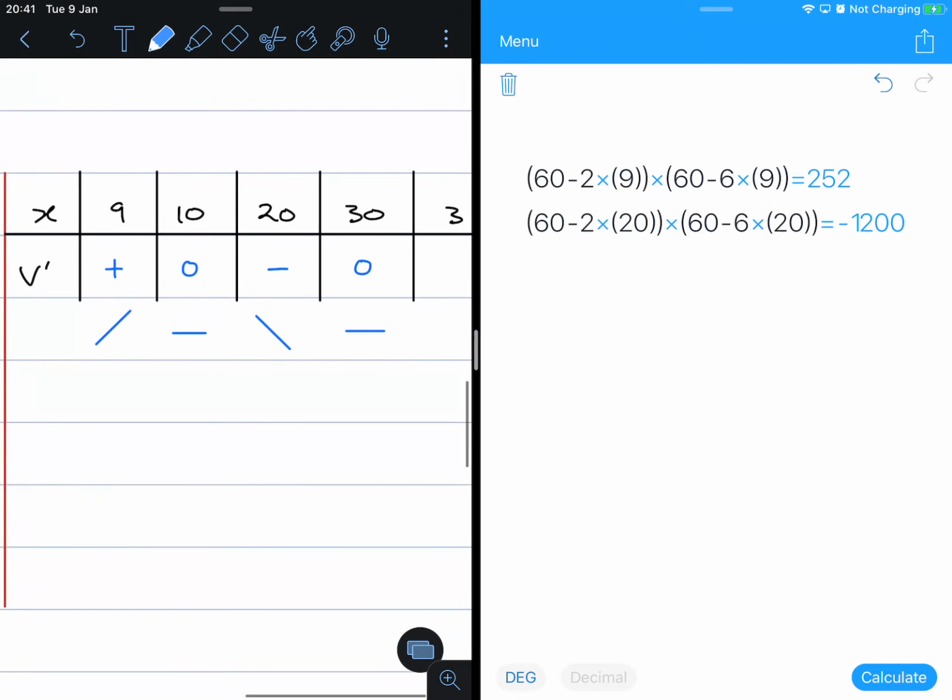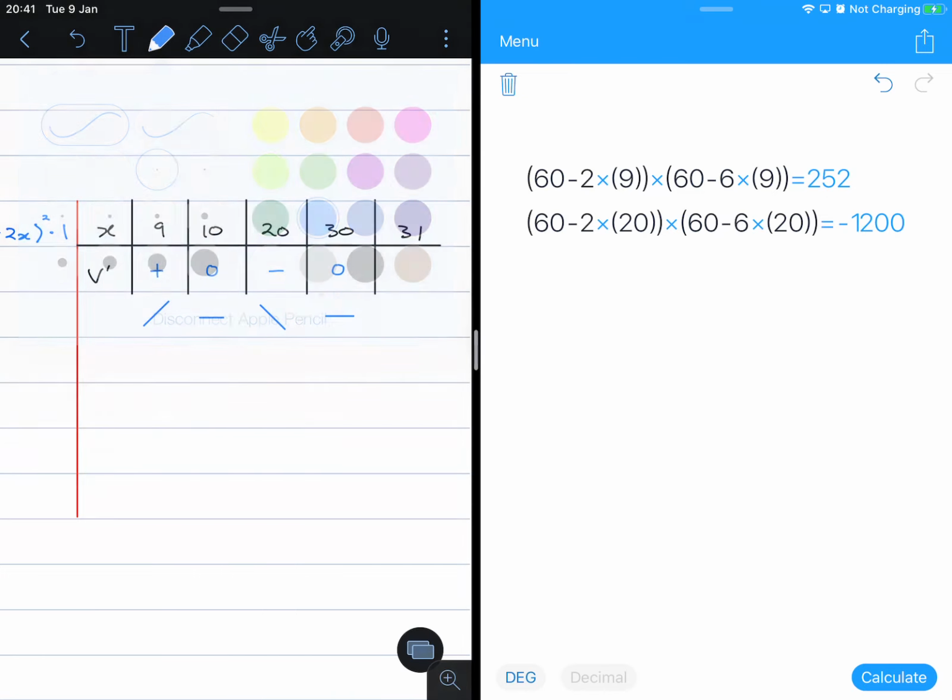We already have enough information to see that this point here is going to be a maximum, because we can see that it's increasing, stationary, and then decreasing. This is a maximum point. So at x equals 10, that is a maximum.